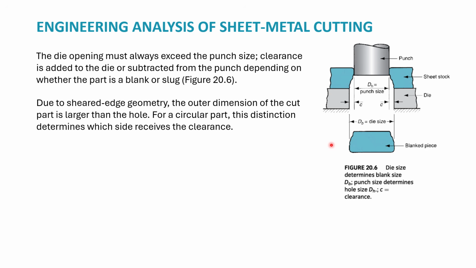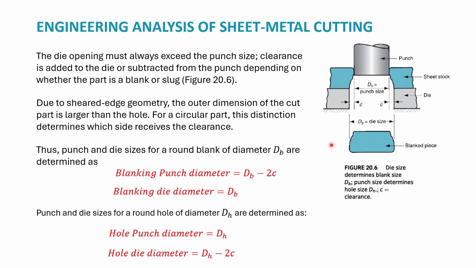Due to the sheared edge geometry, the outer dimensions of the cut part are going to be larger than the hole itself. So for a circular part, this distinction determines which sides receive the clearance. For the punch and die sizes for a round blank of diameter DB, the blanking punch diameter is equal to DB, the blank diameter, minus 2 clearance.